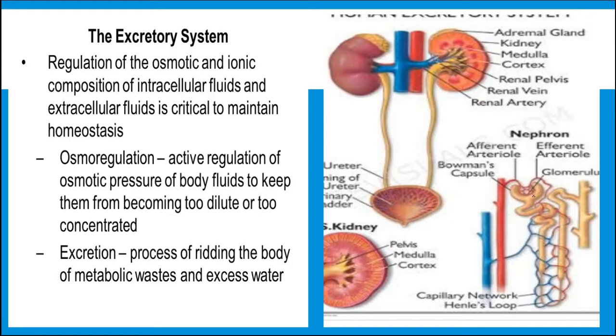This is the Bowman's capsule, then the glomerulus, collectively known as the Malpighian corpuscle. Now, this tube is the PCT, this is the loop of Henle, this is the DCT, and this is the collecting duct.